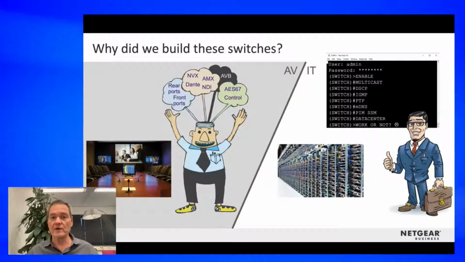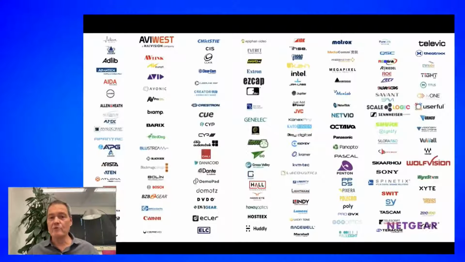And I'll show you how that works. We've worked with over 180 manufacturers in the AV over IP space, including NewTek, NDI, and Panasonic, and others, to really fine-tune our products to work with the applications in broadcast or commercial AV where NDI is often used.